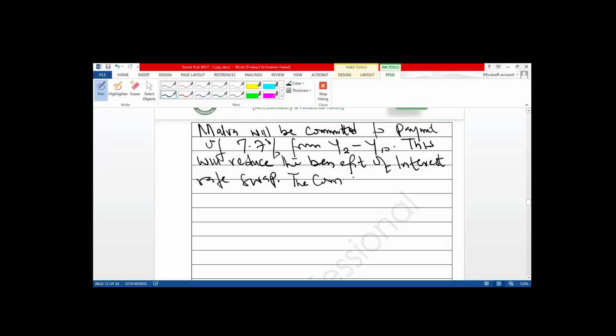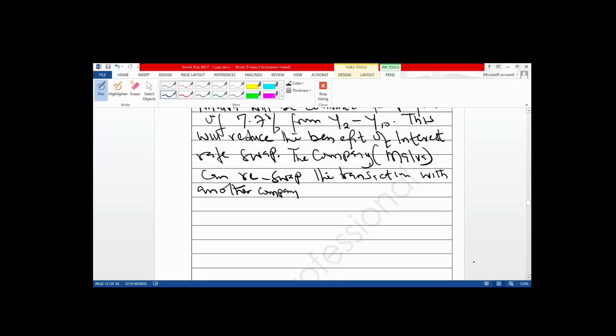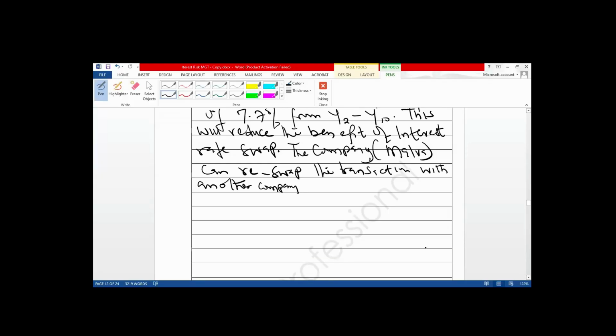The company, in bracket Magda, can reswap the transaction with another company to minimize its loss, although this will involve costs.